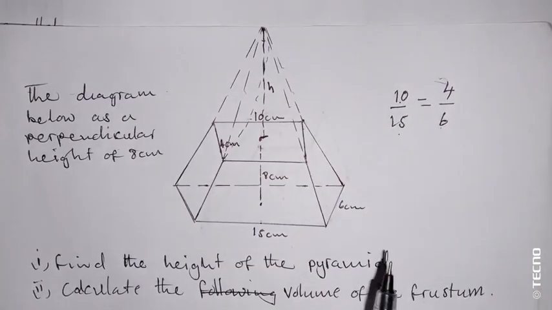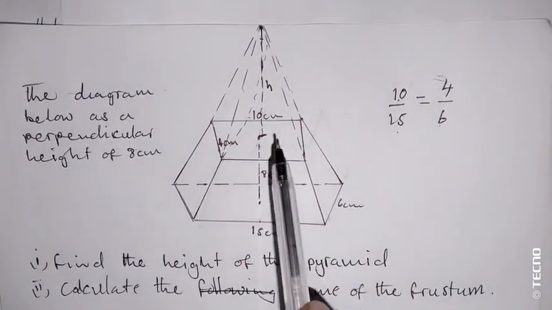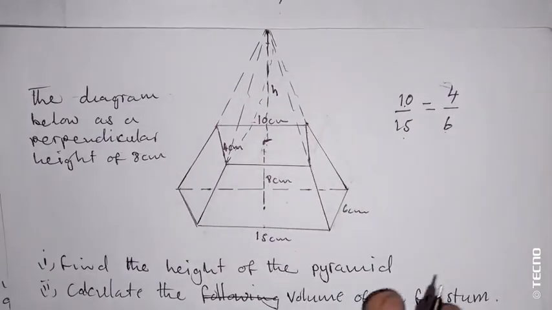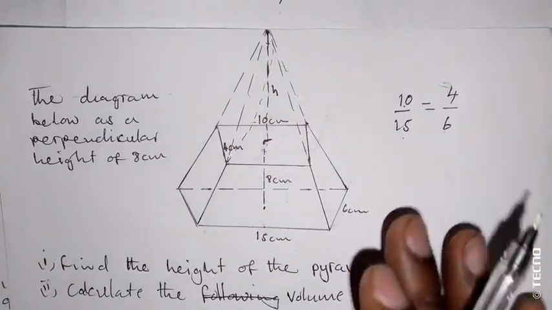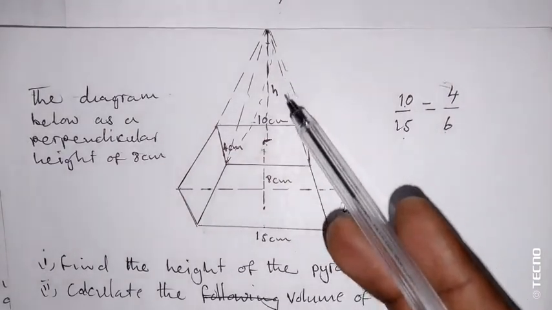Now here we write the proportion, picking one side of the ratio to find the height. Having these ratios, we are going to use the proportion to find the height.